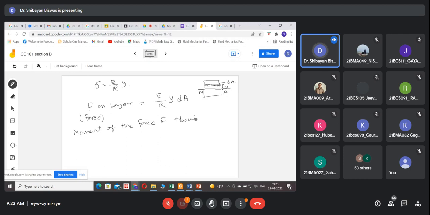So this is the final expression, or the relationship between all different material properties and distance properties, for simple bending theory.